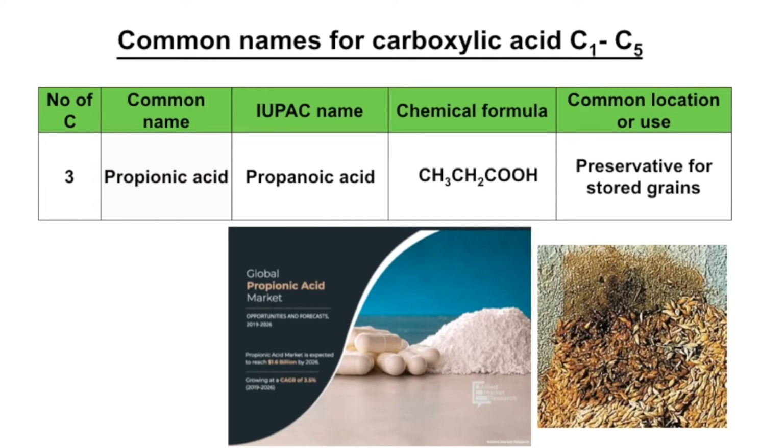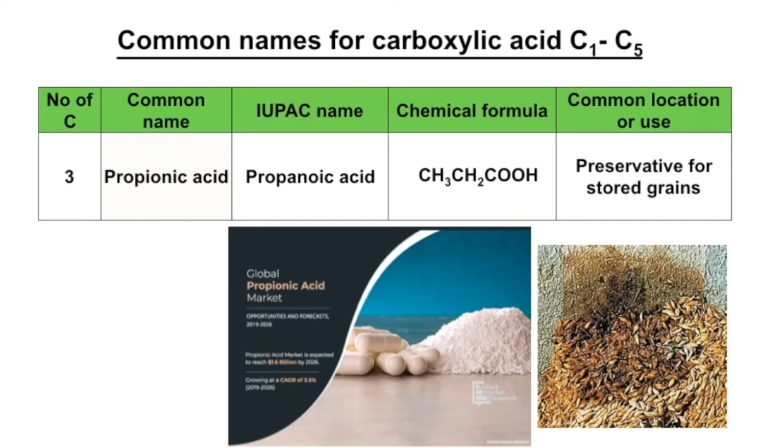For carboxylic acid with three carbons, we call it propanoic acid according to IUPAC. Propanoic acid can also be called propionic acid. The name propionic acid is the common name for propanoic acid, where this propionic acid is mostly used as a preservative for stored grain.